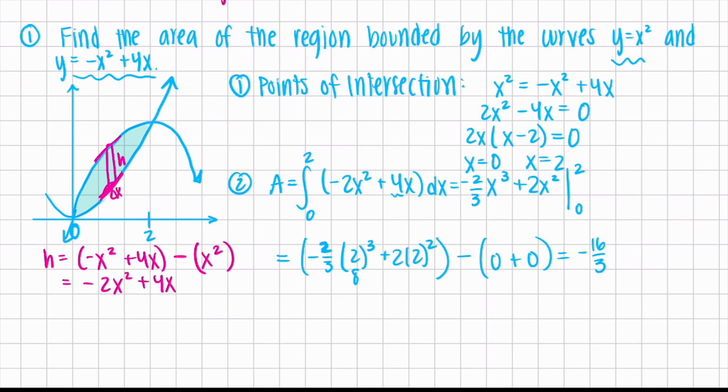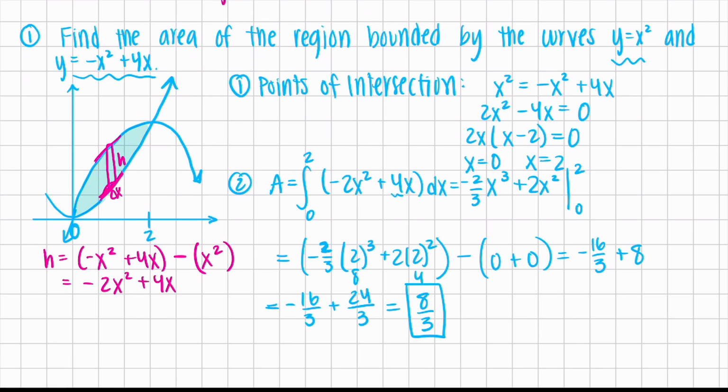And then here, 2 squared is 4. 2 times 4 is 8, so I have negative 16 over 3 plus 8. Get common denominators. I get 24 over 3. Simplify, and we get 8 over 3. And that is the area bounded by these two curves.